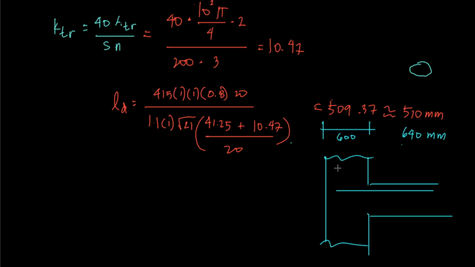Yung LD natin, hindi mo mapapasok yung 640, kasi 600 lang yung dimension natin, lalagpas na, lalabas na yung rebar natin, di ba? Hindi naman pwede yon. Saan ka nakakita ng bakal na nakaputrod, maliban na lang kung may extension in the future. So, you can use 510 for your LD, kasi pwede mo namang gawin yon.